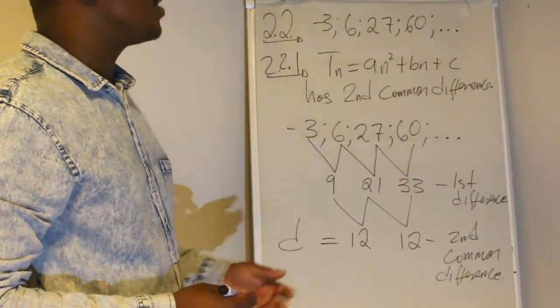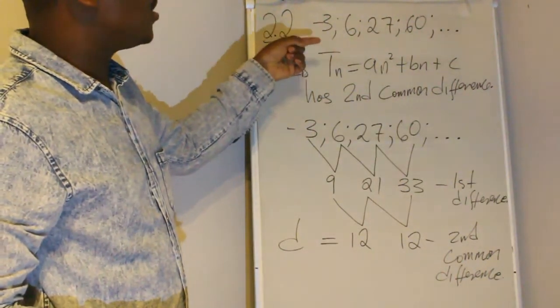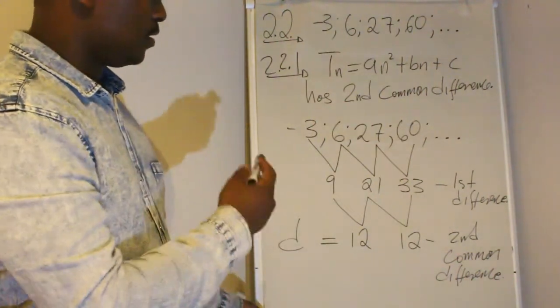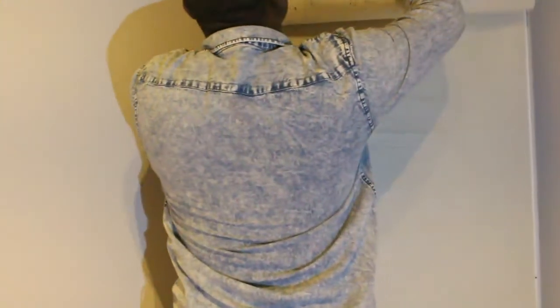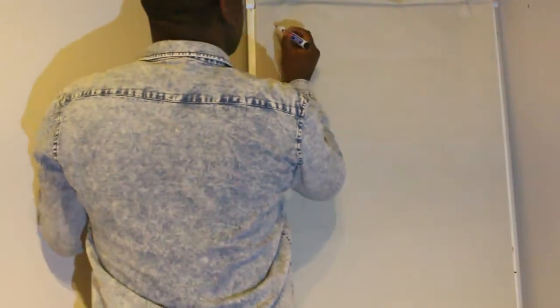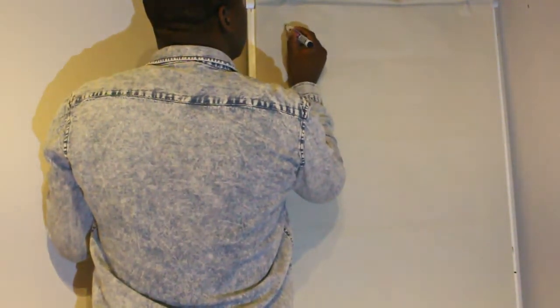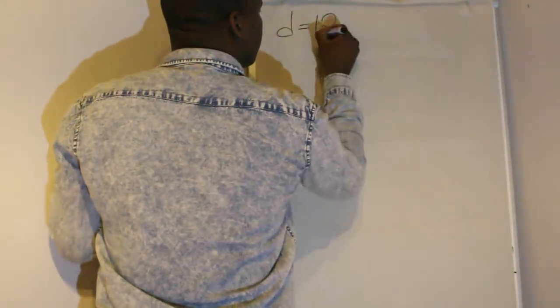Now they wanted us to find the general equation of this pattern. So let's go and do that. We're going to start answering now. Our D, our second common difference, is 12.